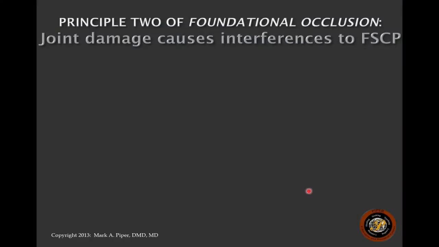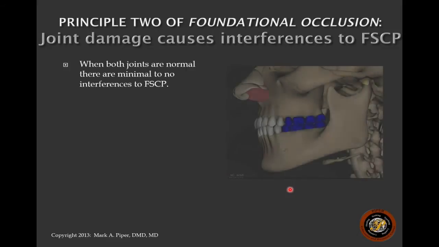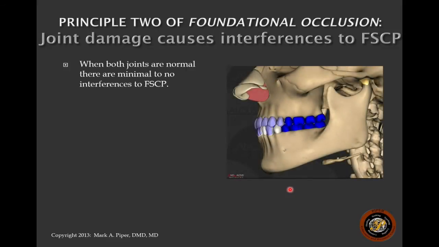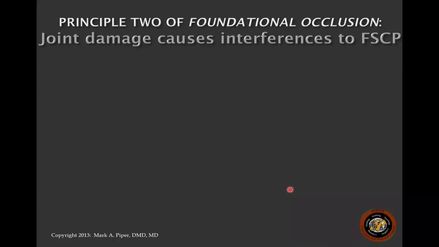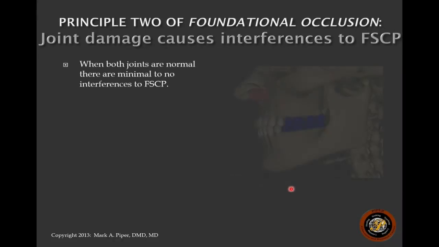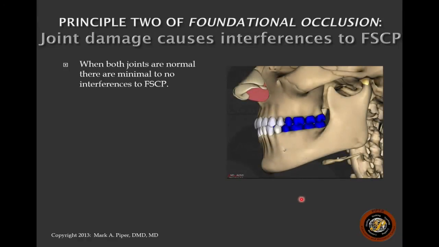And principle number 2 is that joint damage causes interference to fully seated condylar position, okay? So if we took a look at a normal TM joint, we're going to have a certain bite alignment. And with a normal TM joint, if you watch the animation, I'll go back and I'll do it again. When you watch the animation from fully seated condylar position, as we squeeze, we get a very slight slide forward.